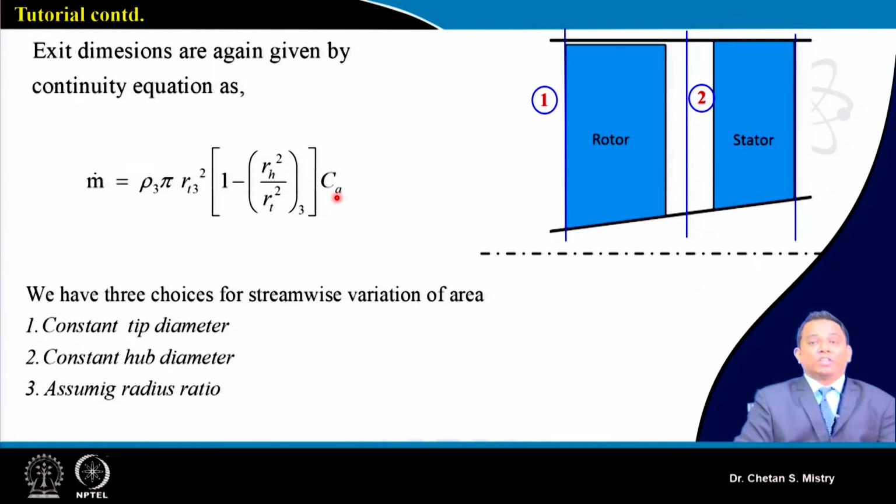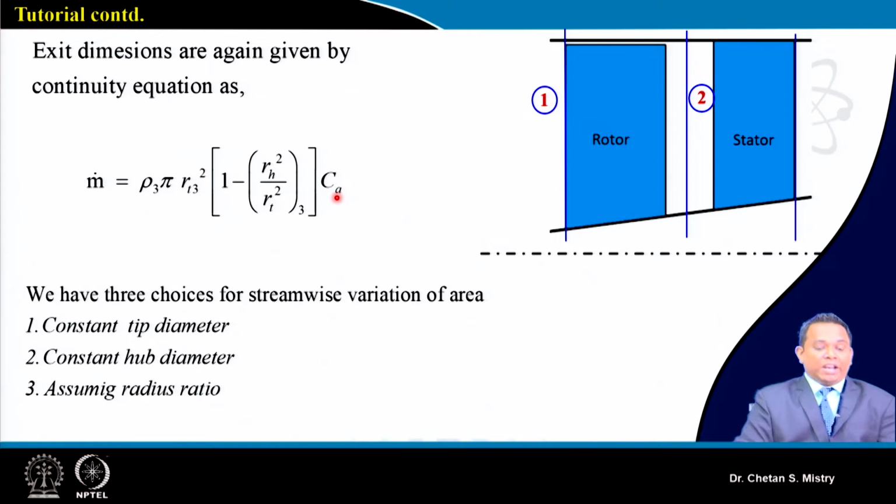For a single stage transonic compressor, the entry area and exit area will be different. To calculate the exit dimension, we need to fix one of the radii, and based on our equation we can calculate the radius of the other station.